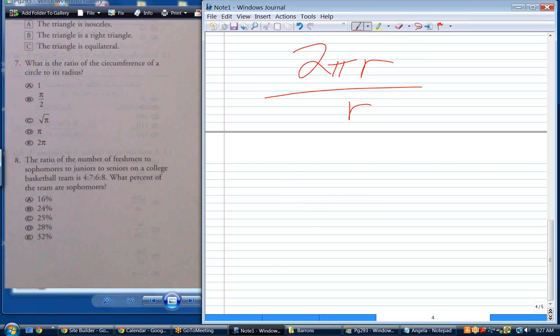So it means that, in other words, here's the circumference, here's the radius. That ratio is 2 pi. Okay.